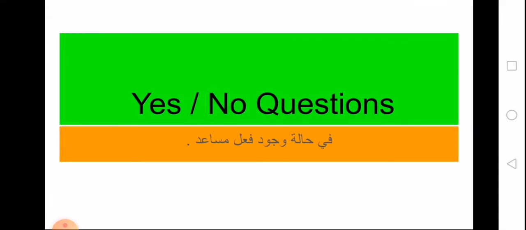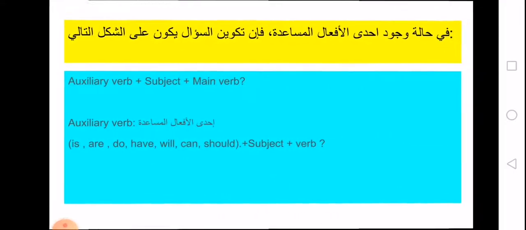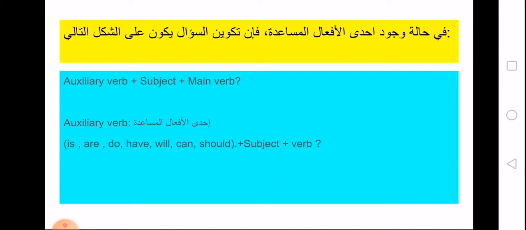In some grammar books, it's sometimes called a yes or no question. So what are these auxiliary verbs? Auxiliary verbs in English are like is, are, do, did, does, have, and so on. So, how to write a question, to build a question?